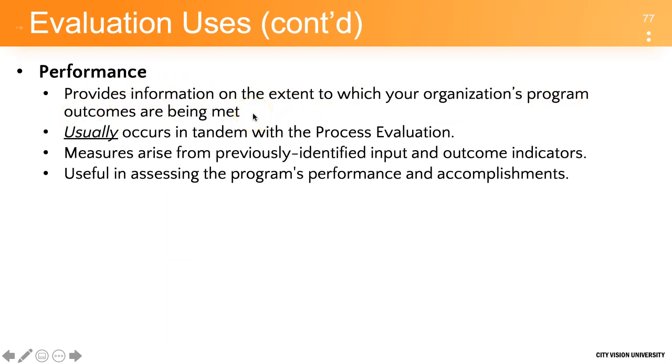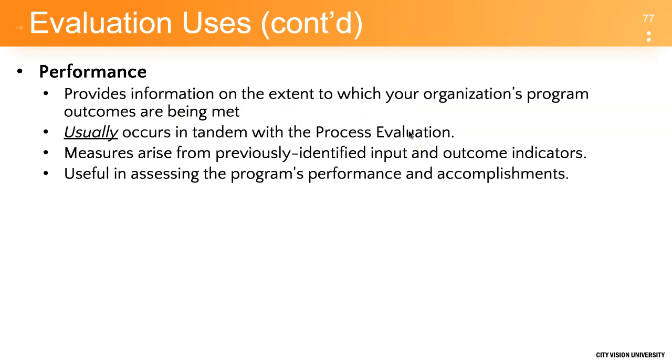So when we talk about program outcomes, we're talking about your short-term, intermediate, and long-term outcomes. And a lot of times what you're going to do there is you're going to resort to percentages. It usually occurs in tandem with the process evaluation, and that makes sense because your process is going to impact your performance.